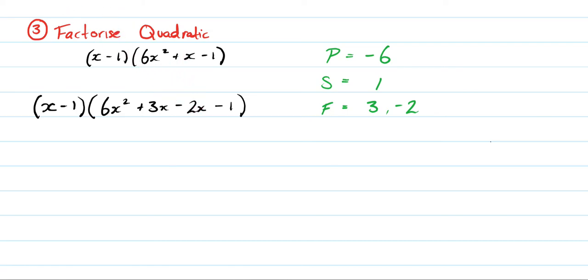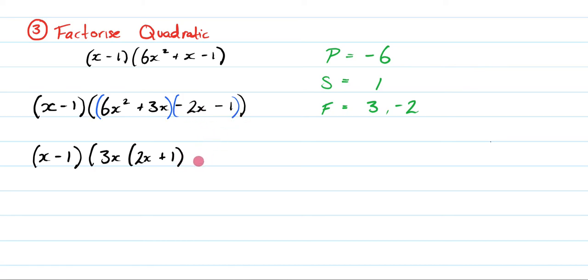Now I can factorize by grouping. So I'm going to consider that, and I'm going to consider that. So we're going to go x minus 1. I can take out a common factor of 3x here, so this is going to become 3x, and then here I'm going to be left with 2x plus 1.